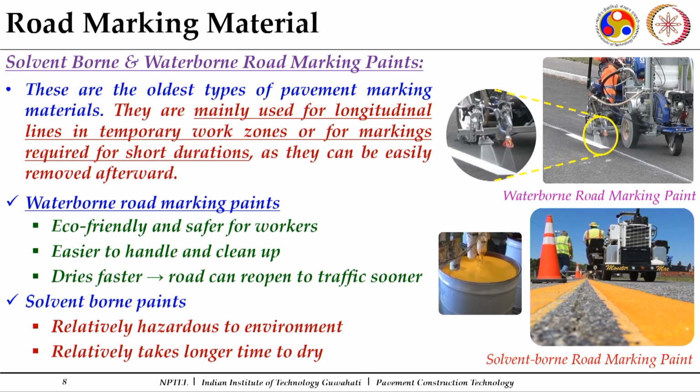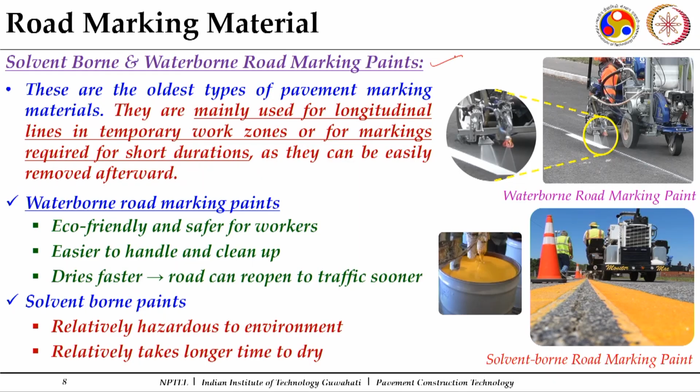Now, the other two types of road marking materials used are the solvent bond and the water bond marking paints. These are quite old ones, used from very olden times, and nowadays they are mainly used for longitudinal lines in temporary work zones.